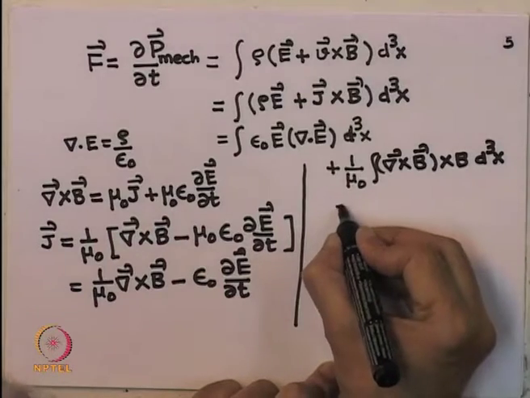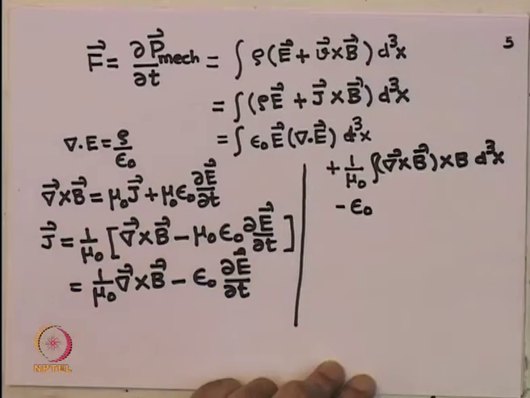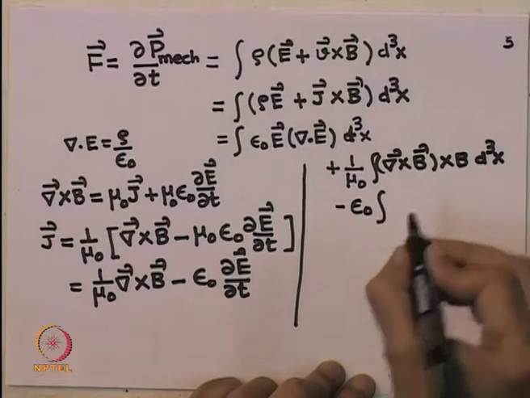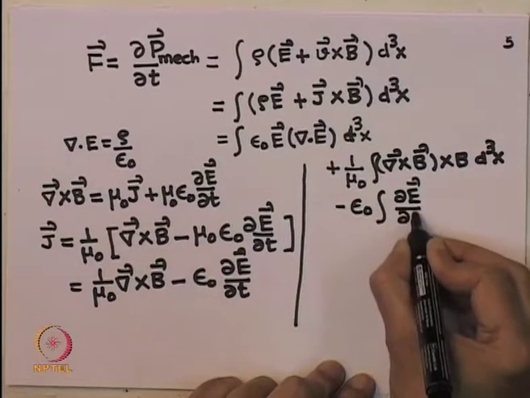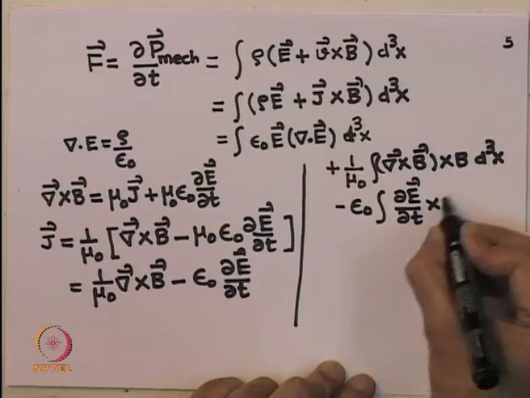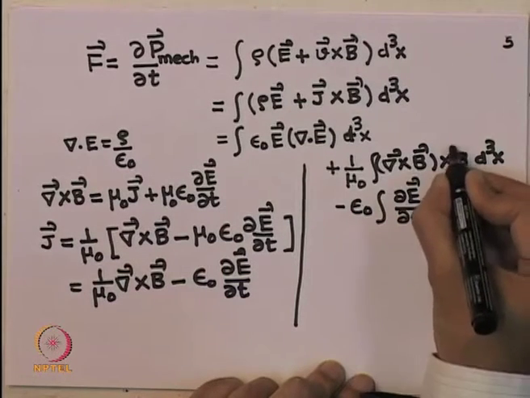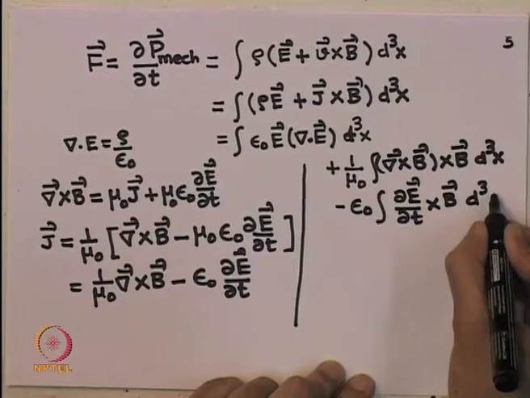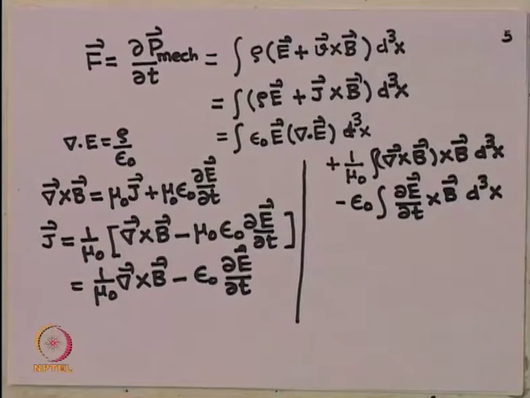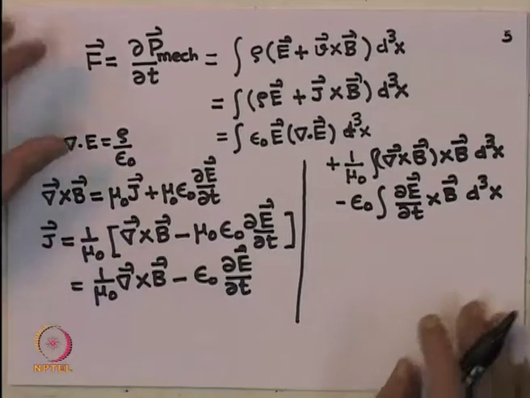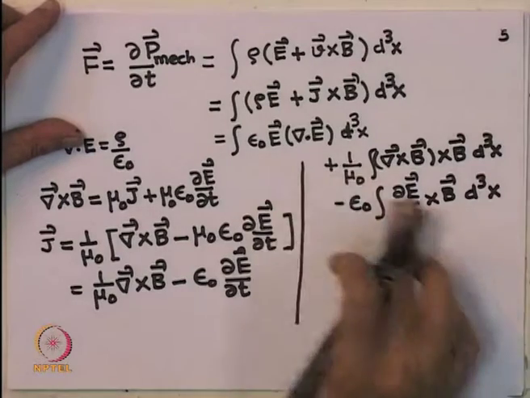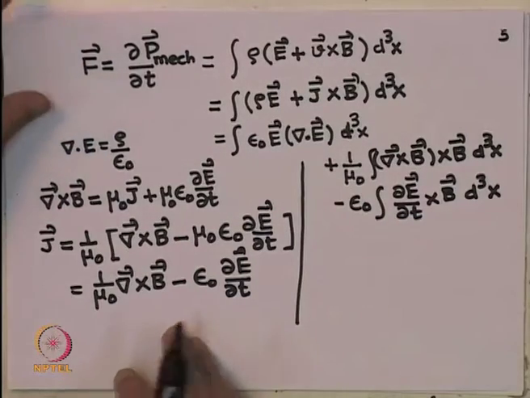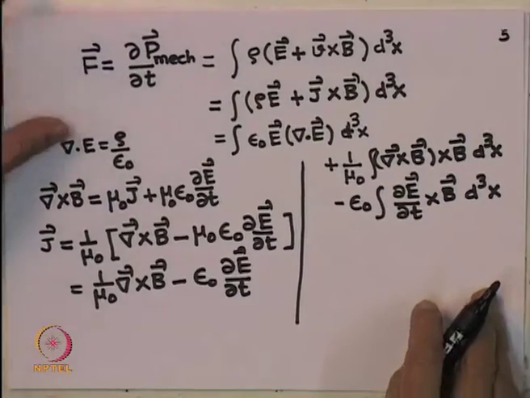So, minus epsilon 0 integral dE by dt, and cross B is already there, d cube x. So, the expression is becoming a little more complicated, but on the other hand we will be able to substantially simplify it. At this moment it looks bad. So, let us look at what I have got so far.